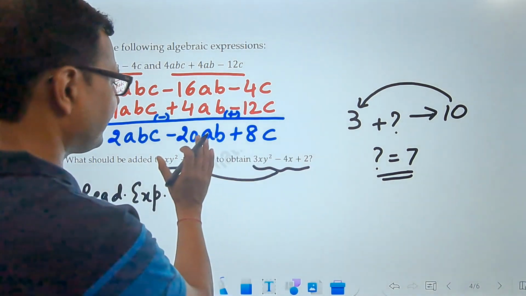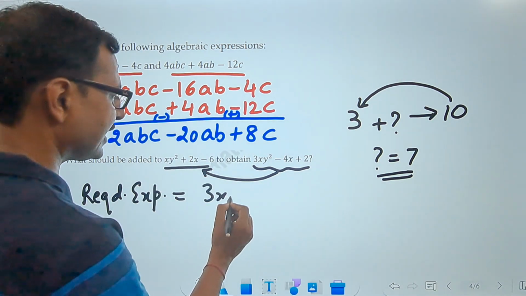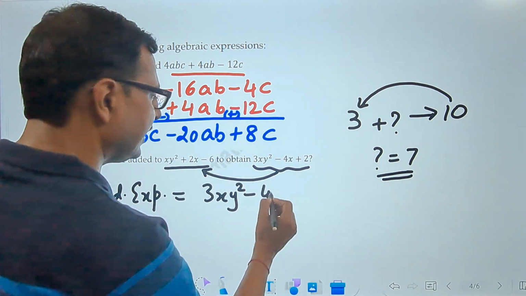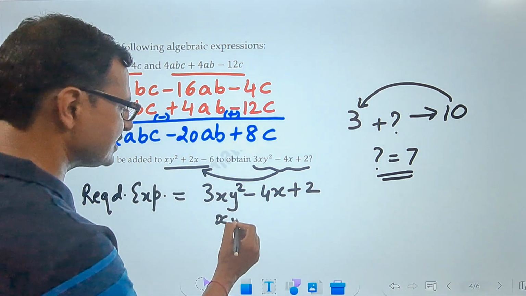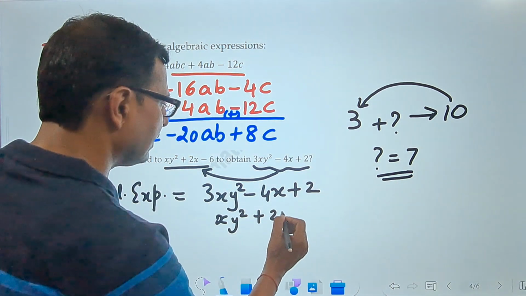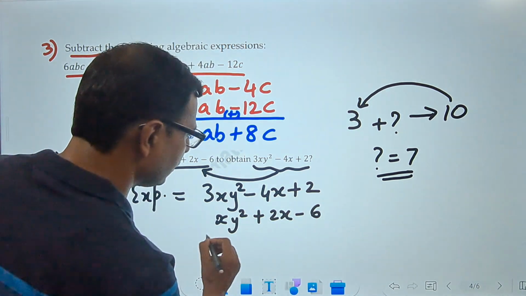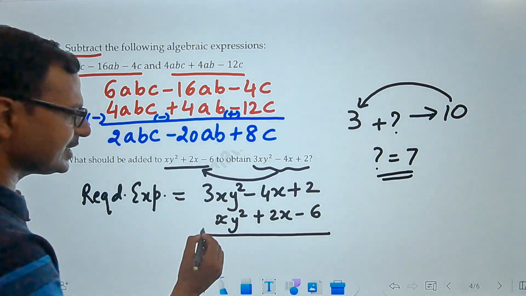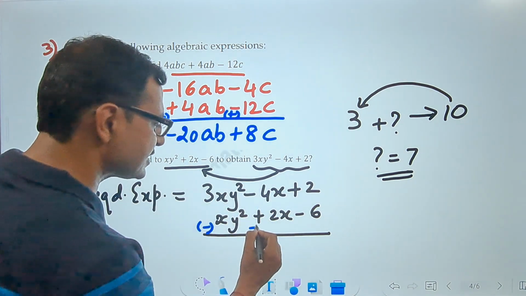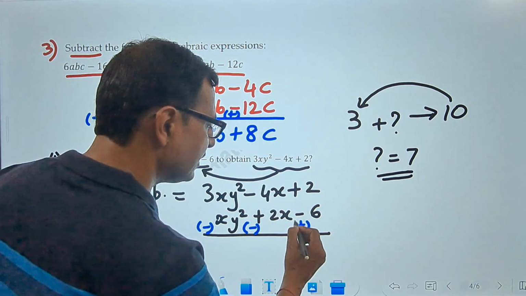So for finding the difference between these two, I will write the second polynomial first and then I will write the first polynomial below this. So this is xy square plus 2x minus 6. And how do you find the difference? You already know that you have to change the sign. So plus becomes minus, plus becomes minus, minus becomes plus.